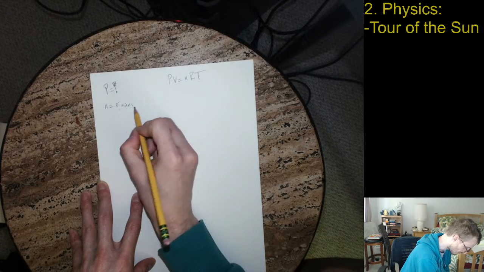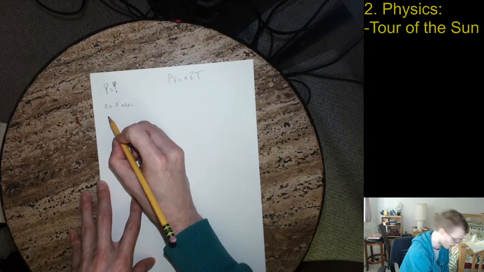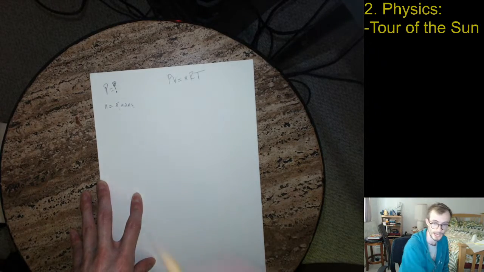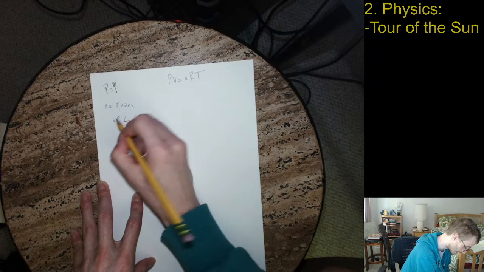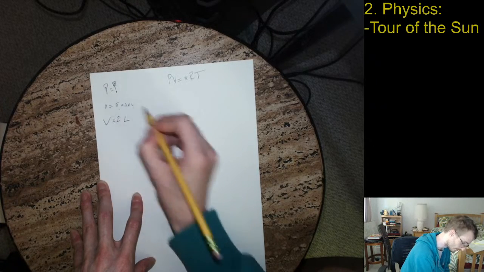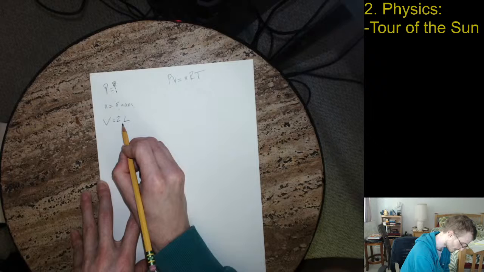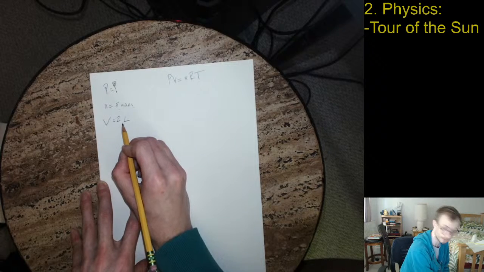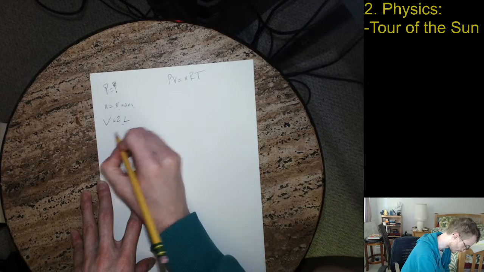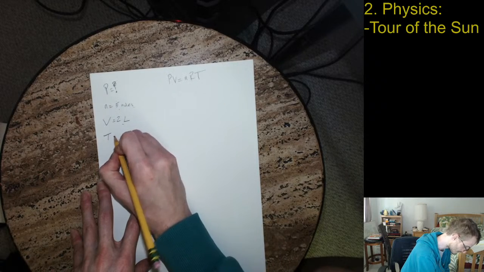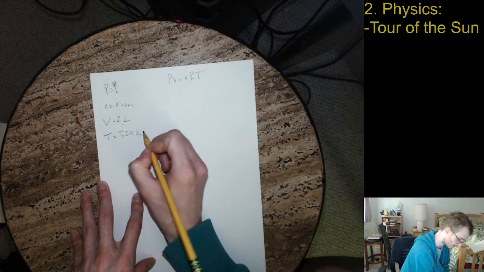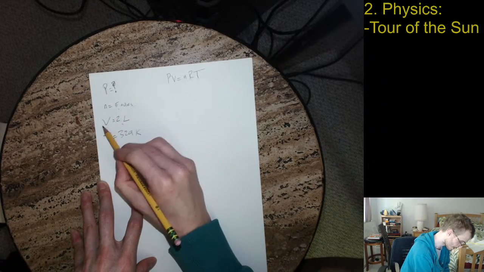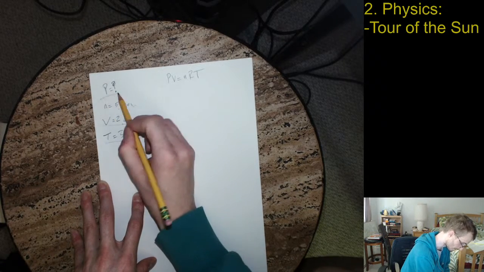Then it also told me that I had a 2-liter cylinder. 2 liters is a way of measuring volume, so volume is going to equal 2 liters. And then the last piece of information, it told me that it was at 329 Kelvin. Well, that's a temperature measurement. So here we have the moles, we have the volume, we have the temperature, and we're looking for the pressure.